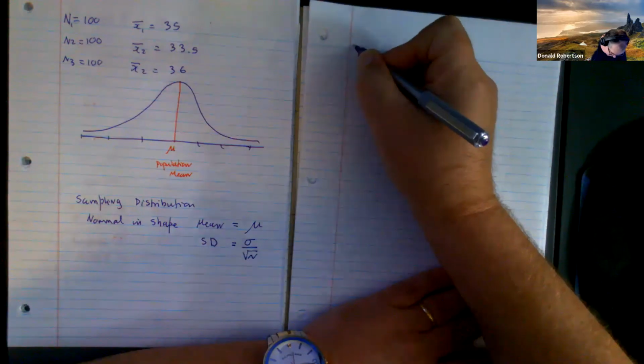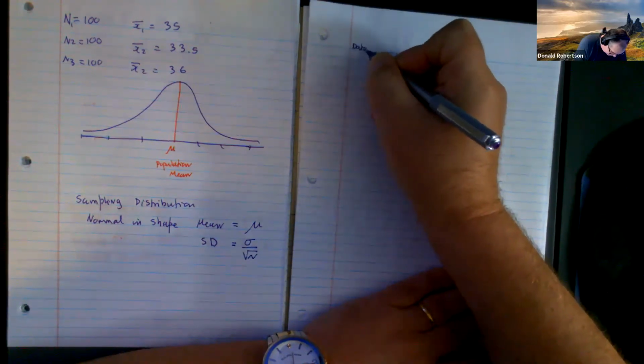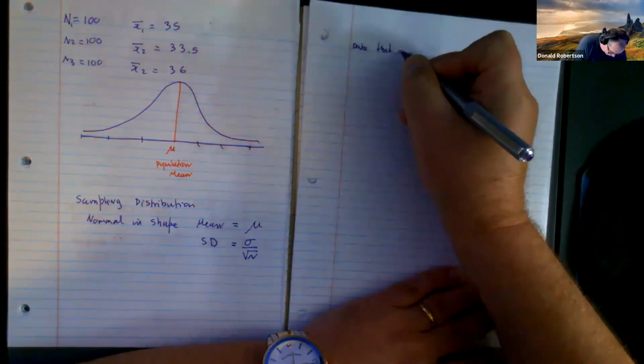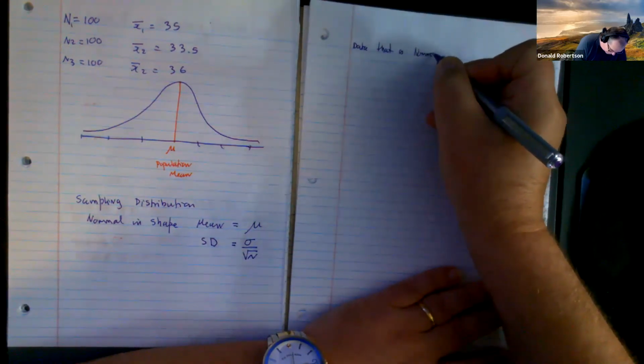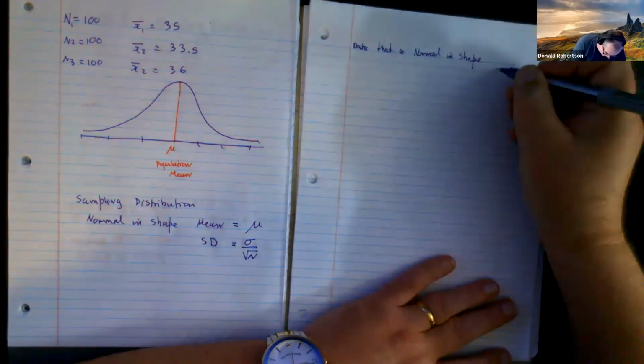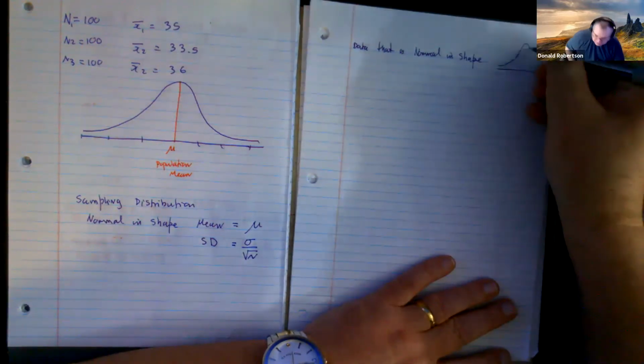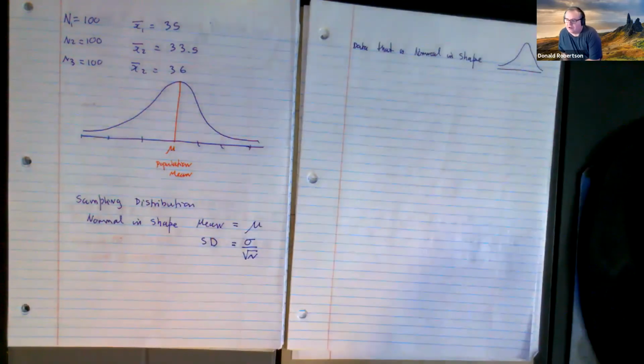When you have data that is normal in shape, so can you imagine the population of Americans? Would it be reasonable to assume that it might have a shape that looks like that, right? It's normal in shape.